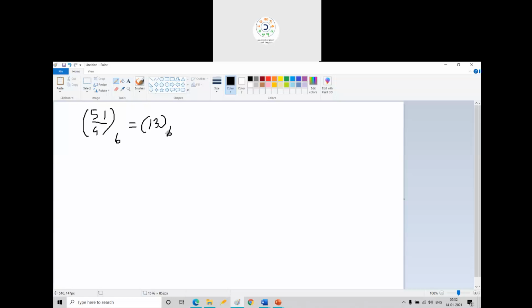So we need to find what that number system b is. For example, it may be binary system, decimal system, octal system, we don't know. That is what we have to find. So how do we do this particular problem? The question is to find out that b. It may be octal, decimal, or binary, whatever it may be, we need to find that. So let us do it like this.